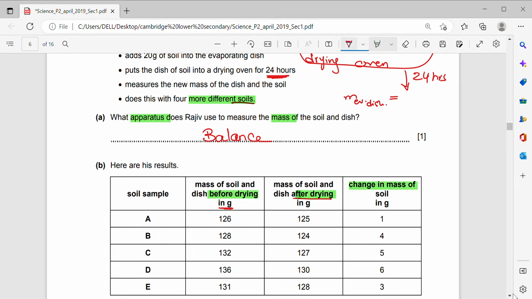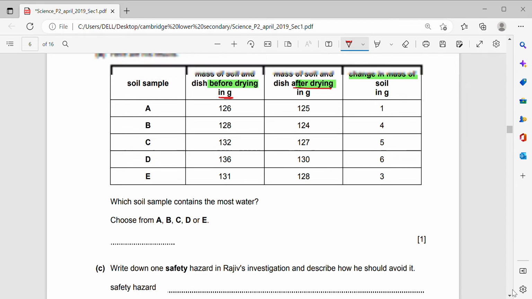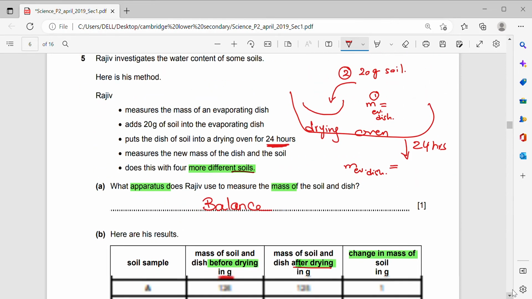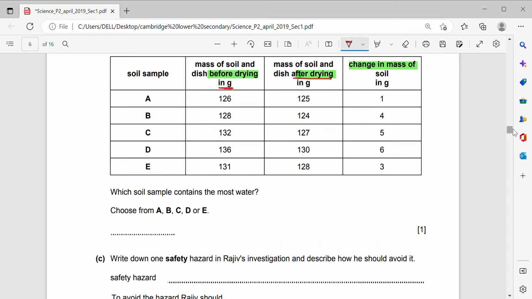Which soil sample contains the most water? Let's look together. A, B, C, D or E? Let's look at the values given first so we can answer.